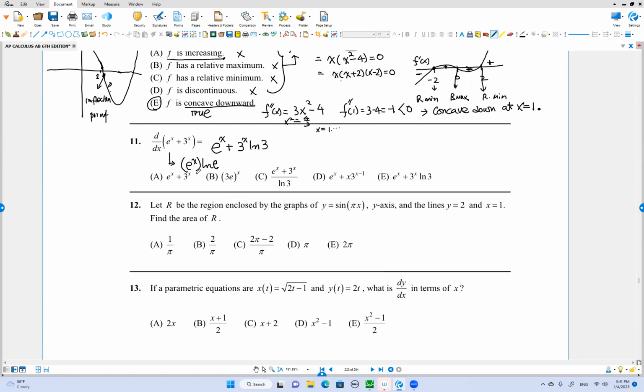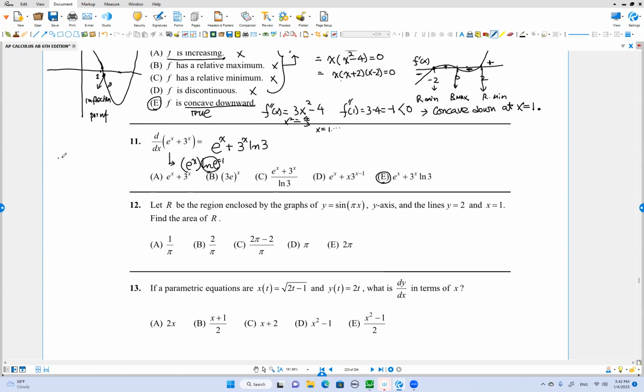When you have e to the x, ln e is 1. That's why e to the x, e to the x, same. But this is not e, so we multiply by ln 3. So 2e to the x plus 3 to the x ln 3 is the answer, okay? Choice E is the answer. That's the derivative. Are you okay with this?